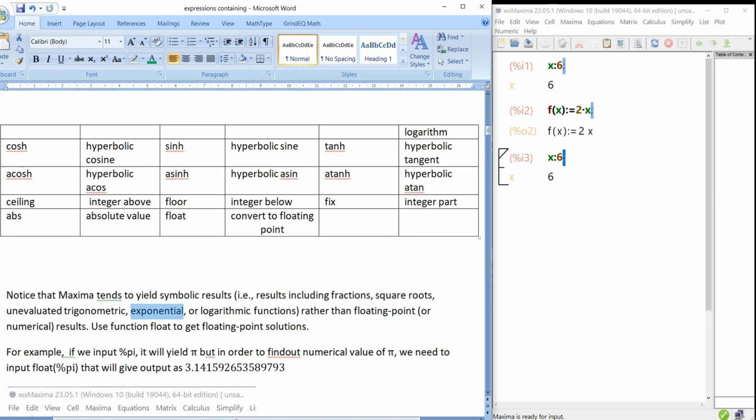Though the given function will be solved, WX Maxima will perform the computation and simplify the function, but still in the output, trigonometric, exponential, and logarithmic functions will be there. We will not get floating point values, that is, numerical values. If we want to find the numerical values, we have to use another function, that is the float function. Are you getting my point?